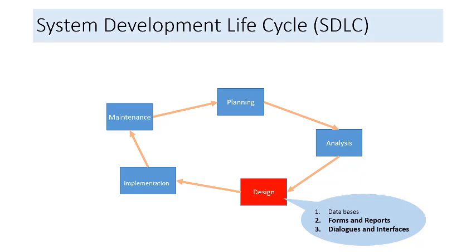And also, you may want to specify how to actually get data from your system. That's called reports. So basically, you read reports from your system. And of course, we'll also cover the dialogues and interfaces. So sometimes you are using several sequences of forms and reports to interact with your computer.